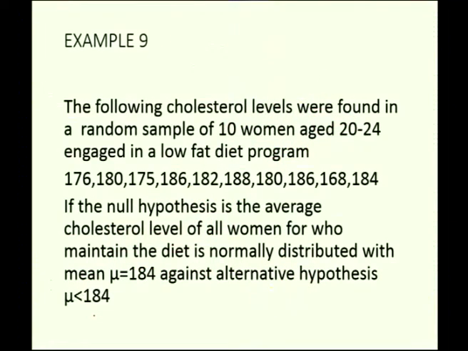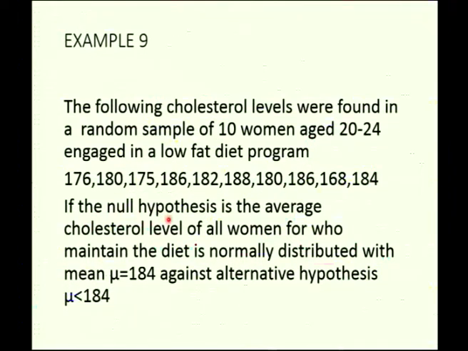The next example is the following. Cholesterol levels were found in a random sample of 10 women aged 20 to 24 engaged in a low fat diet program. These are the 10 women's cholesterol levels: 176, 180, 175, 186, 182, 188, 180, 186, 168 and 184.